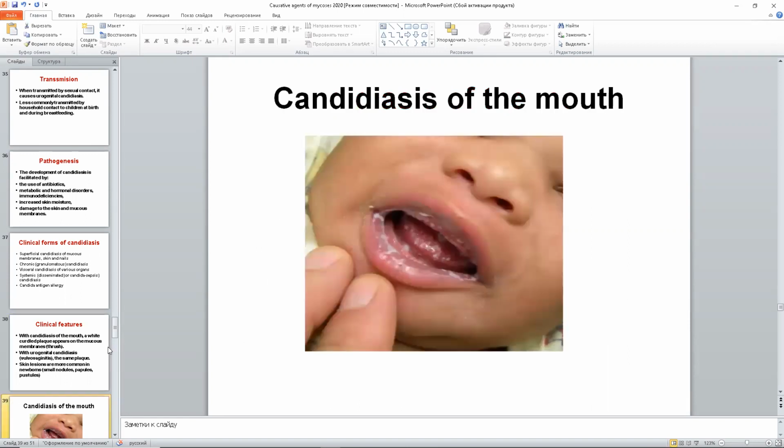There is a photo. Candidiasis of the oral cavity, mucosa of oral cavity in newborns. Do you see white particles? And it is just the acute stage of candidiasis, the initial stage. Firstly, white particles develop, and then the mucosa becomes red, dry, irritable, and painful, and the newborn will refuse feeding because it feels pain.